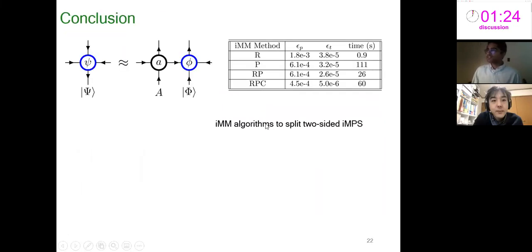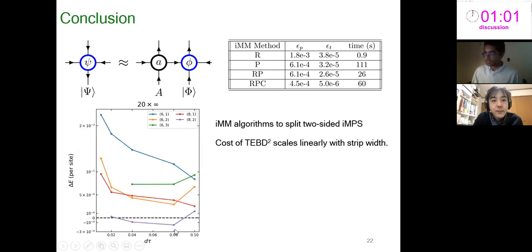So finally, in conclusion, I just want to note that what we've done here is introduce an iMoses move algorithm to split this 2-sided PEPS shown in the top left, and that this procedure actually has a strong disentangling effect, and that this greatly reduces the errors of just truncating phi originally. So we expect this iMoses move algorithm, or the finite algorithm, to have applications outside of just 2D isometric tensor networks.